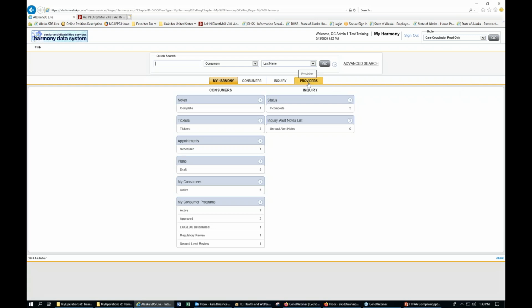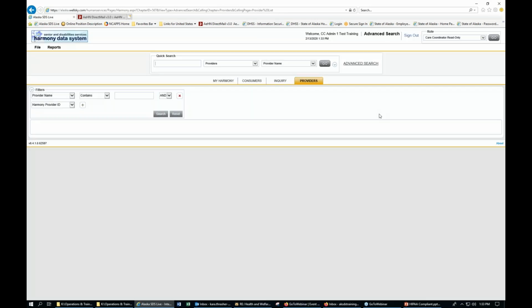I'm going to go to the Providers tab first and click on that. In the Providers tab, I go to the left where it says Reports, and it says Certified Provider Search Tool.